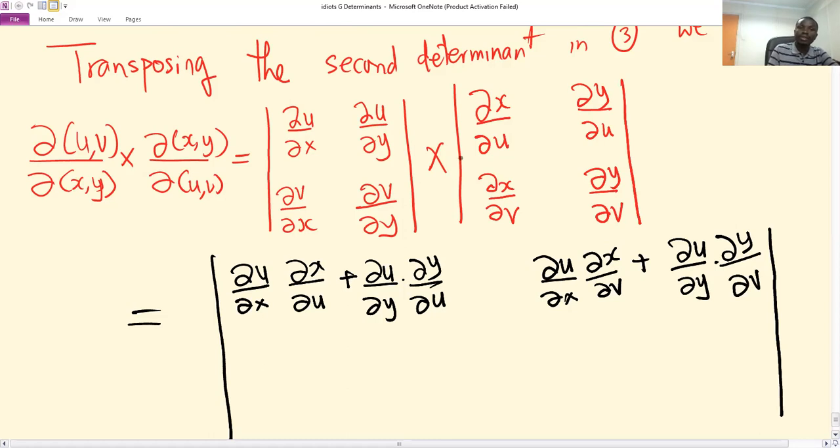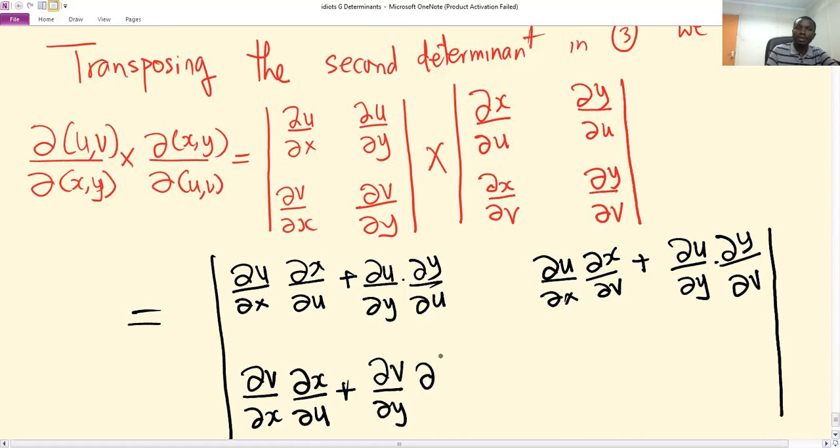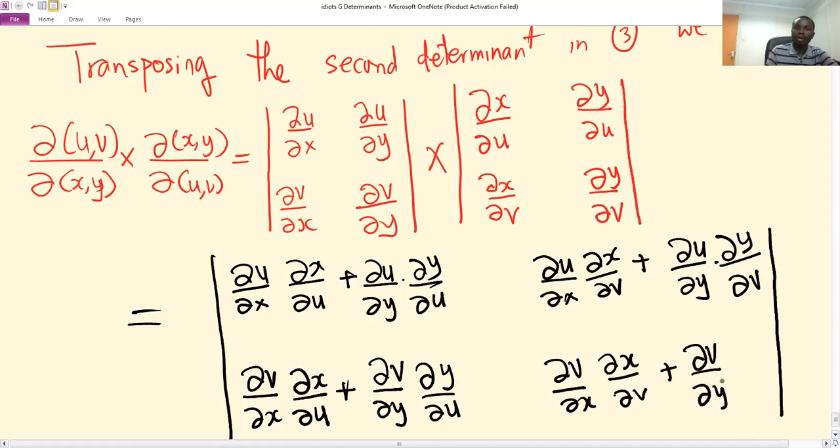And here we'll have this row times this row: partial v partial x times partial x partial u, plus partial v partial y times partial y partial u. Then partial v partial x, partial x partial v, plus partial v partial y by partial y partial v.